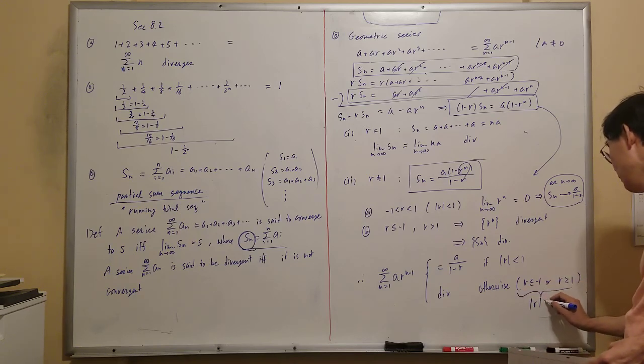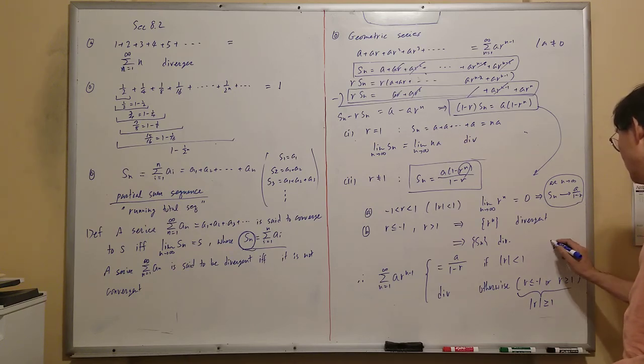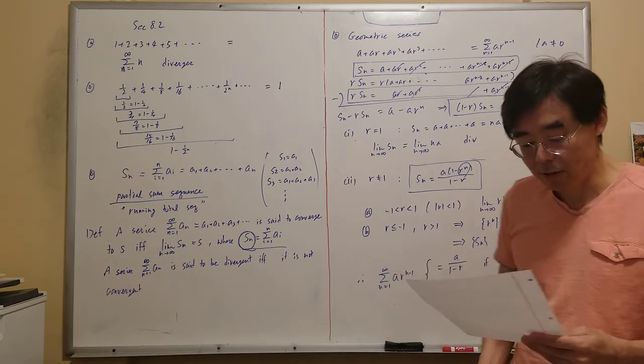Altogether, when the absolute value of R is greater than or equal to 1. And we are assuming A is not 0. If A is 0, everything is 0, obviously convergent, not interesting.